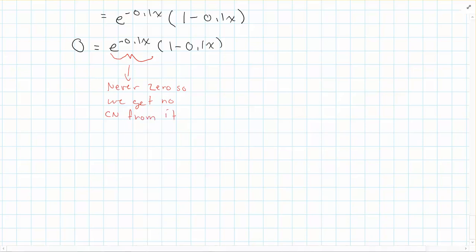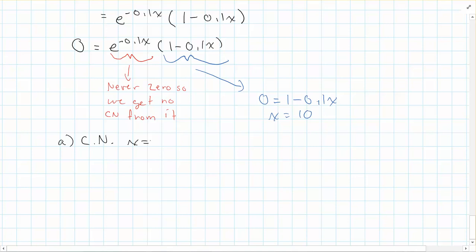So all I have to examine, of course, is this term. And I'll go ahead and write it over here. We need to determine when is 0 equal to 1 minus 0.1x. I'll skip the solving of it, but if you solve it, you get x equals 10. So my critical numbers for part A, since my domain was all real numbers, my critical number is x equals 10.